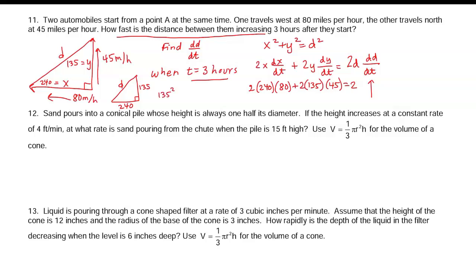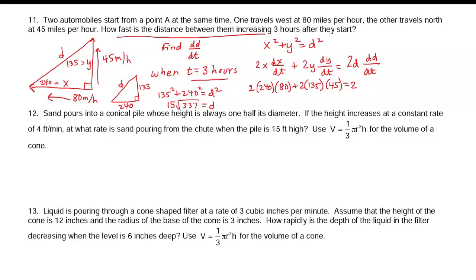135 squared plus 240 squared equals d squared. So using your calculator, you can find out that d squared is 75,825. And when you simplify the square root down, you get 15 root 337.